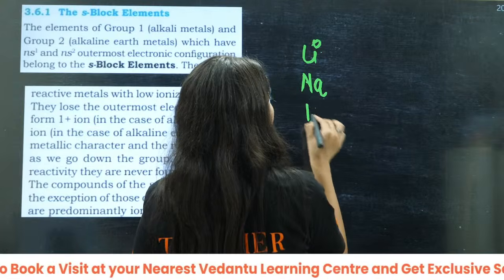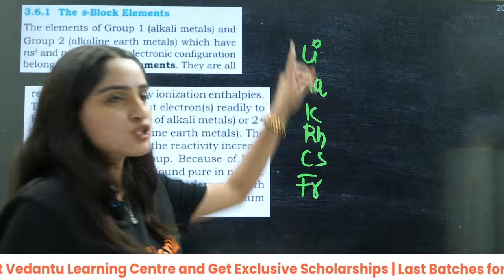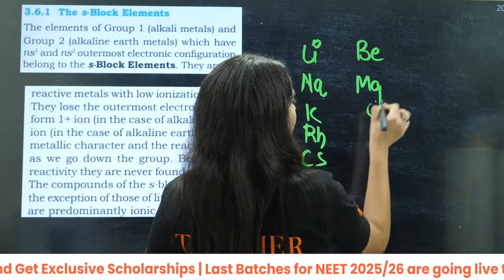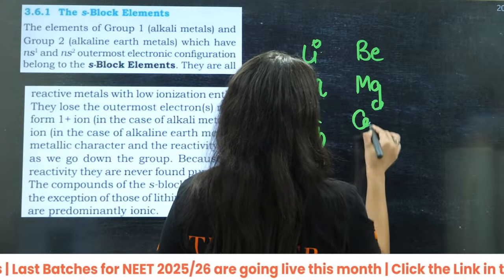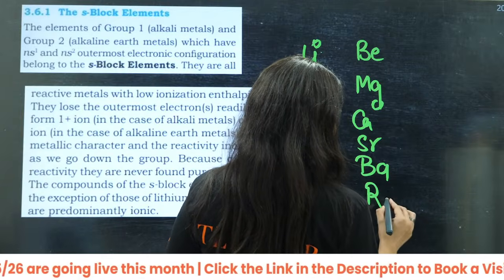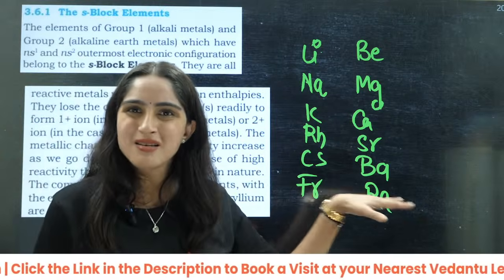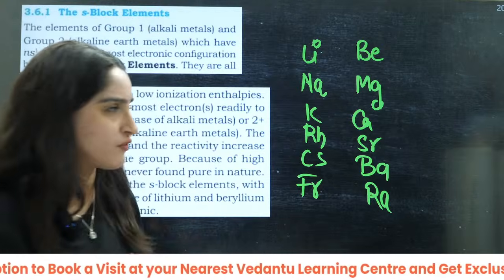For group number 2 the mnemonic is "बेटा मांगे कार स्कूटर, बाप रोए, बाप राजी." Most of the elements belonging to the last periods are radioactive in nature.